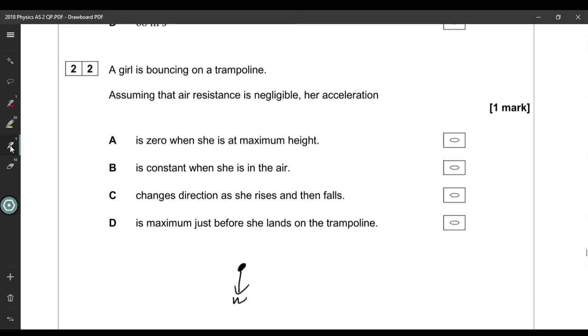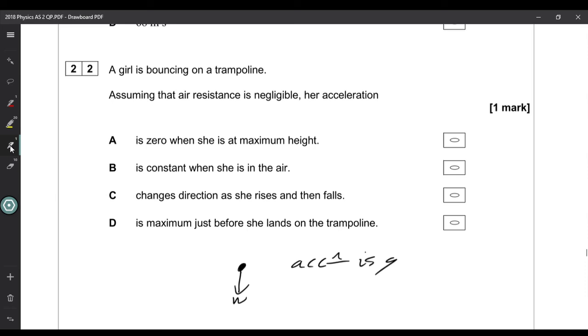But the acceleration that she experiences is always due to gravity, and that is always going to be acting downwards. The acceleration due to gravity does not change wherever she is actually on her bounce.